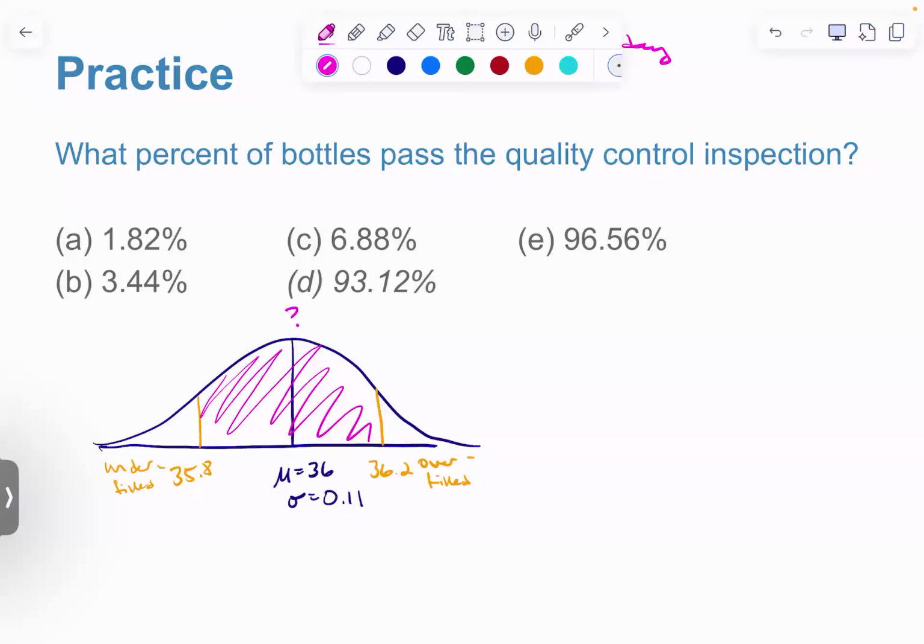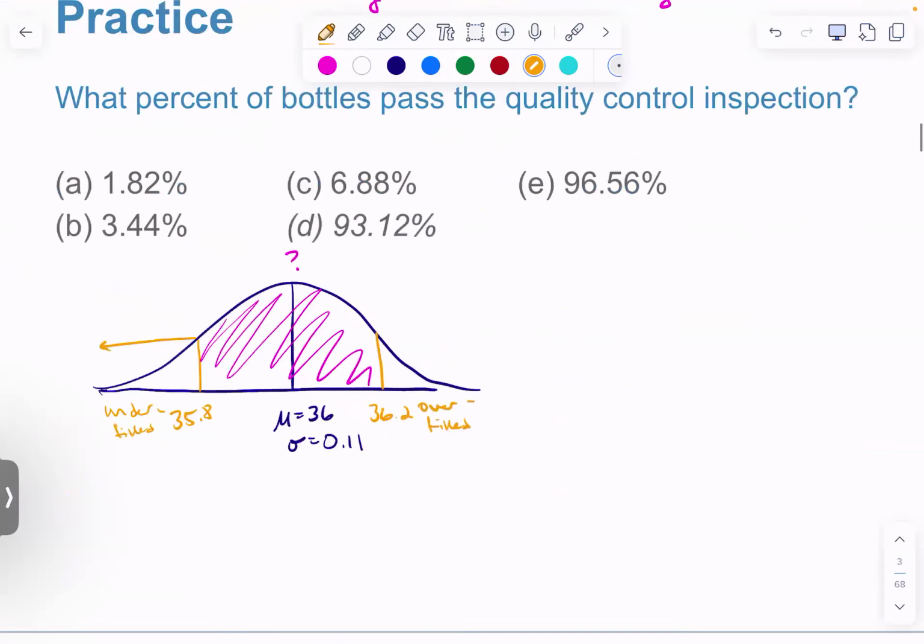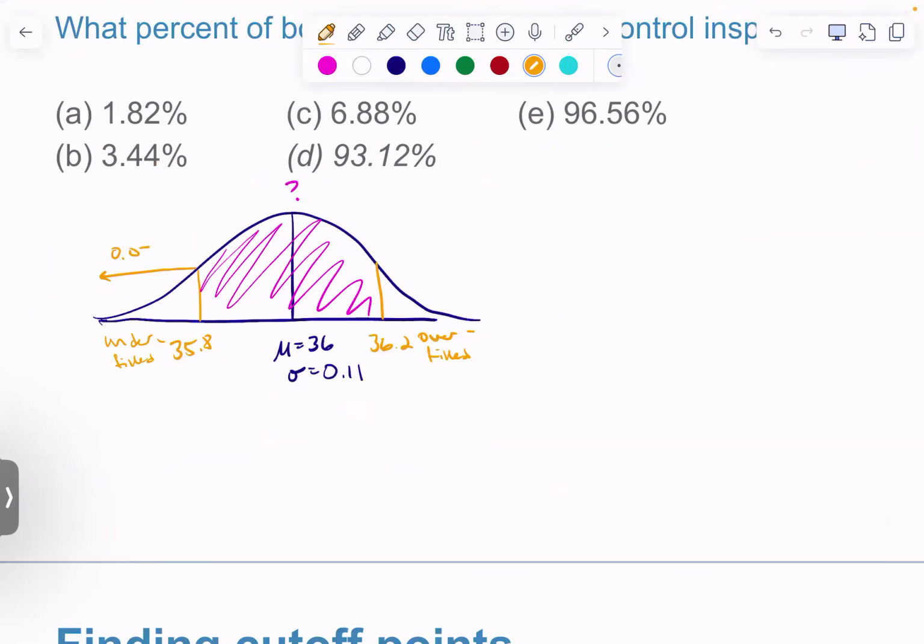My go-to move is to recognize that the total area here is 1. We already found that this area is 0.0344 from earlier, which is why we had to talk about that.